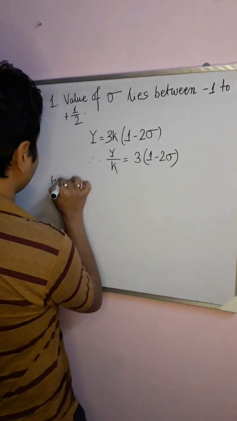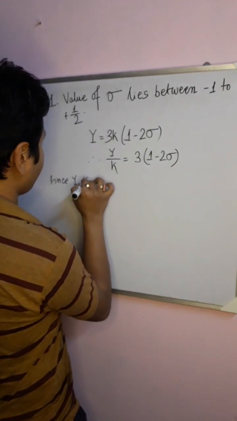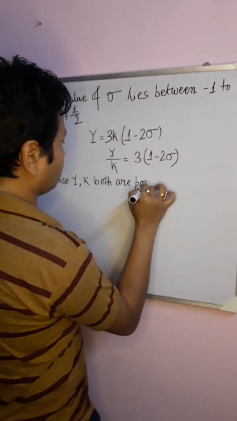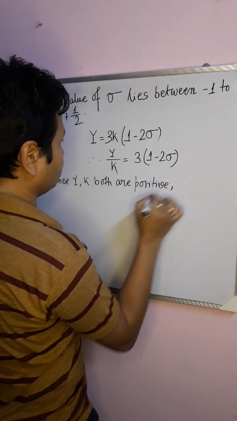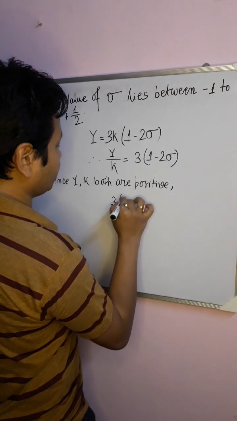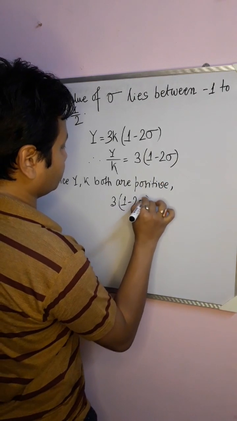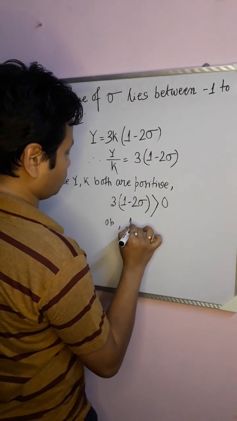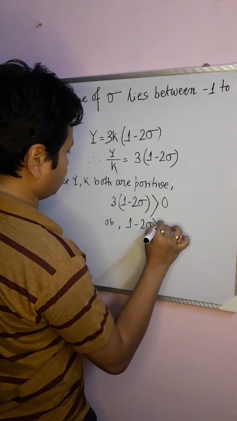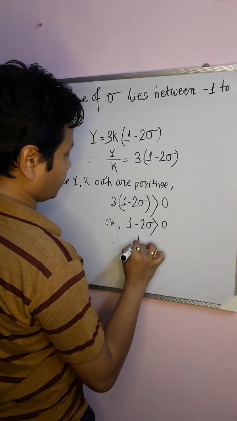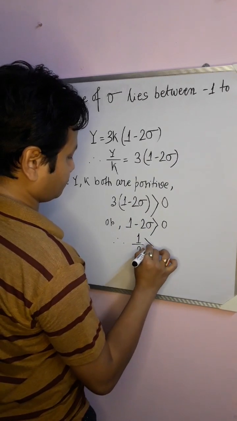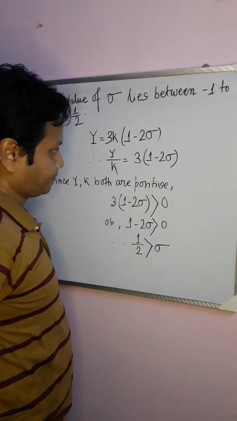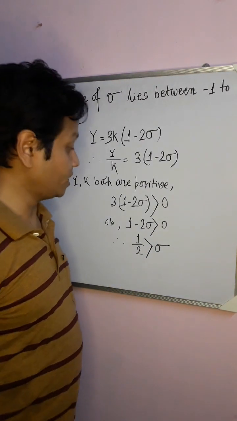So since Y and K both are positive, the right hand side is also positive. From this relation we can write this.